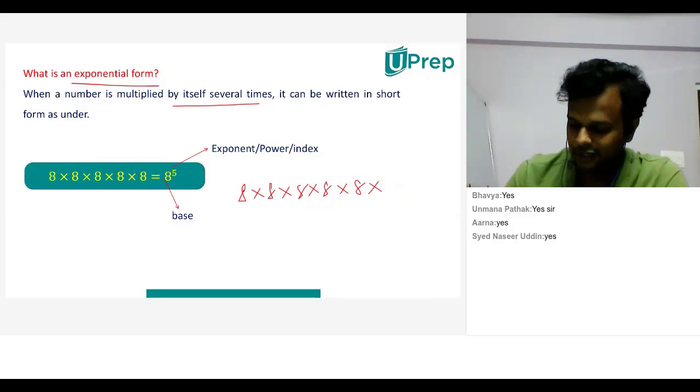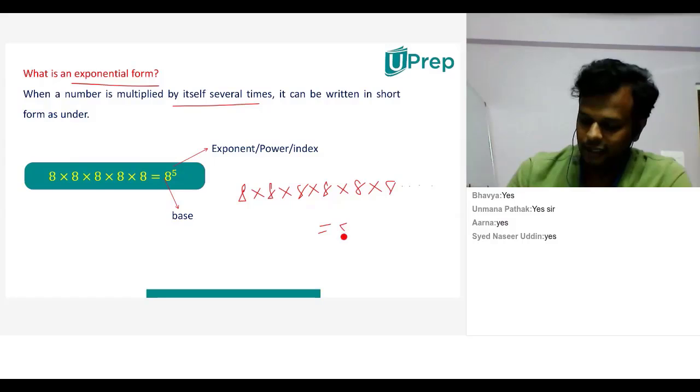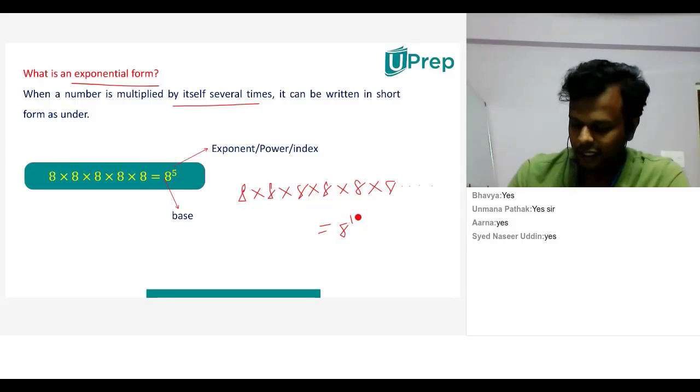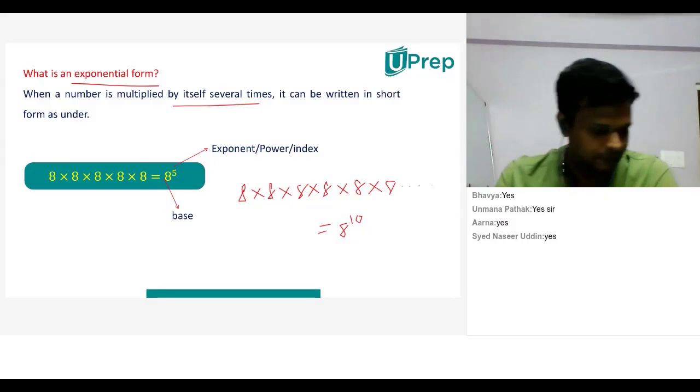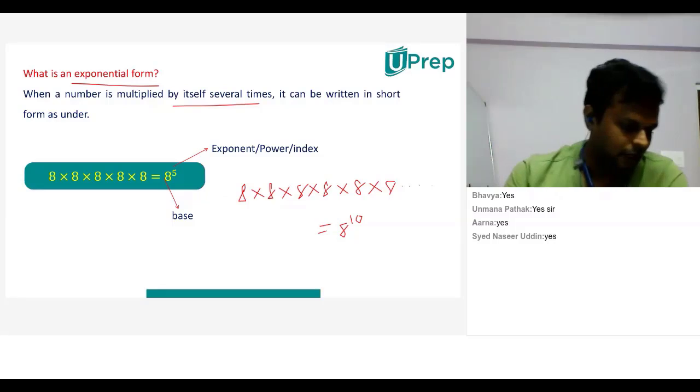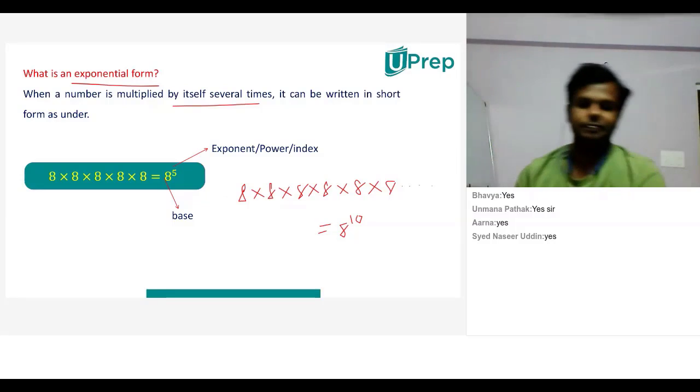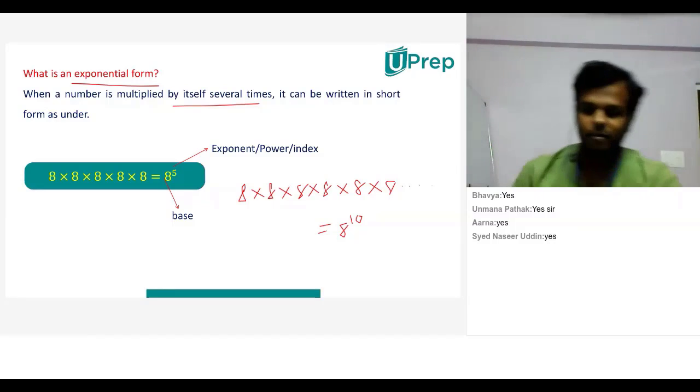If I have this 10 times, I can't always keep writing this. So what I do, I write it in a very simple manner. I write 8 as the base, because 8 is the number that is being multiplied. I said 10 times here, so 8 power 10 will come. Clear, children? Yes, sir. Okay, we are moving on.